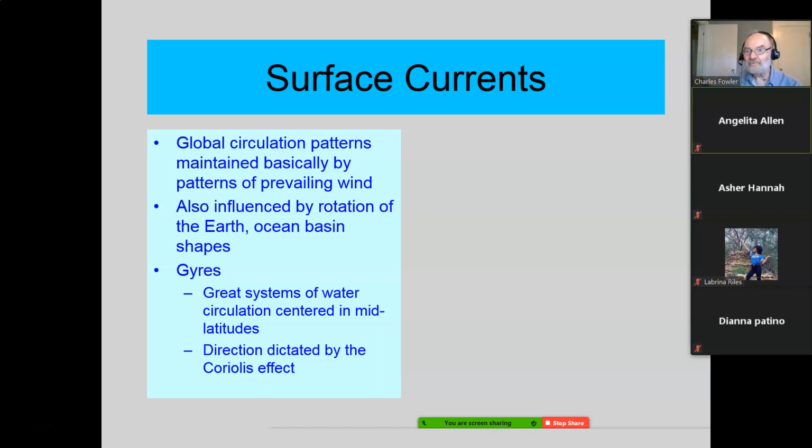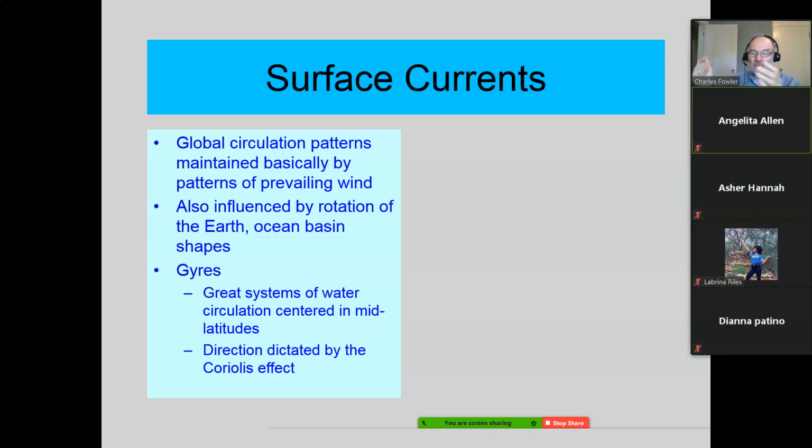The surface currents, on the other hand, they say the global circulation patterns are maintained basically by patterns of prevailing wind. And I won't argue with them. I'm sure the wind, but guess where the wind is caused from? The spinning of the earth. Okay? Because the atmosphere, just like the water, doesn't have to be dragged along, yet it is.